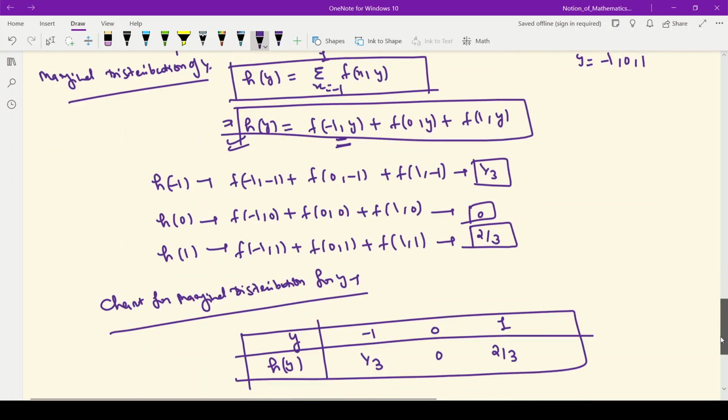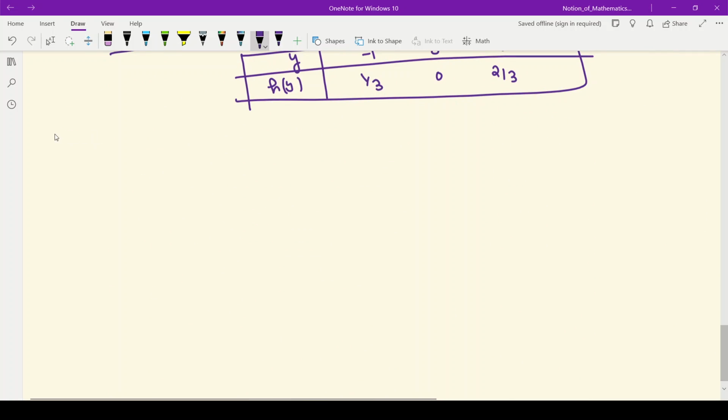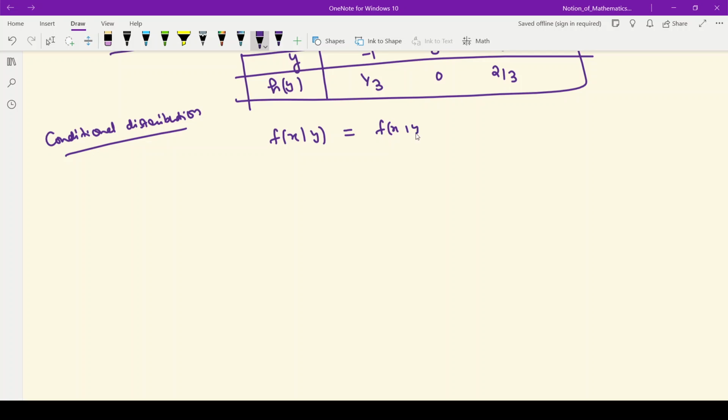I have given one formula here regarding the conditional distribution, and the formula was f of x given y is f(x,y) upon h of y.